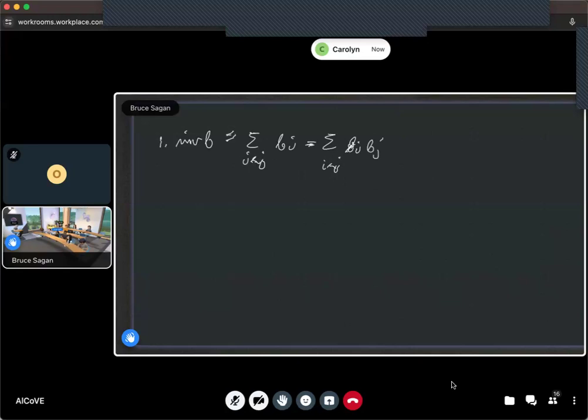So I claim that this second sum is easy to do. I claim that it's just k choose 2.